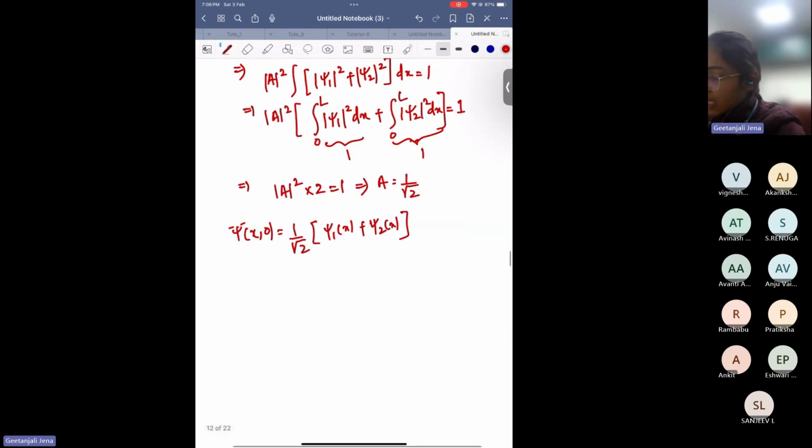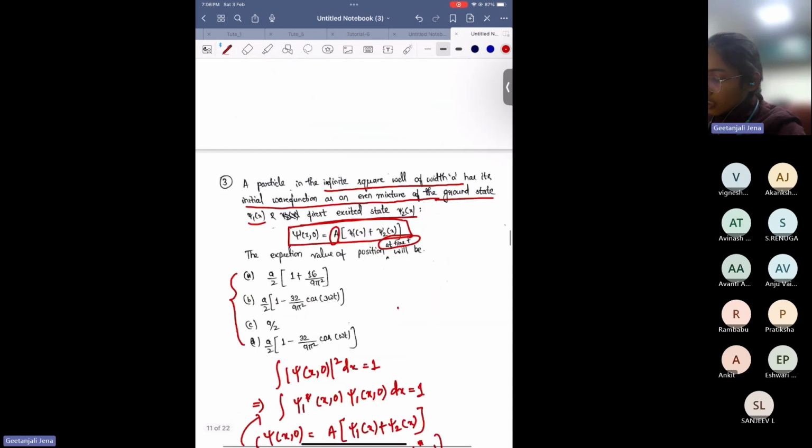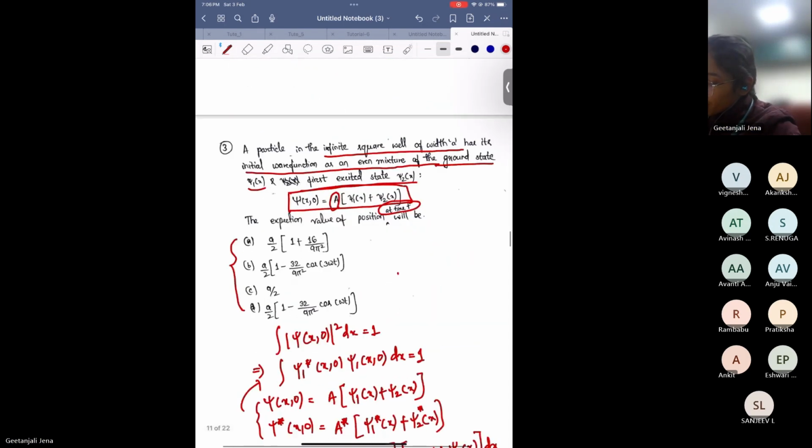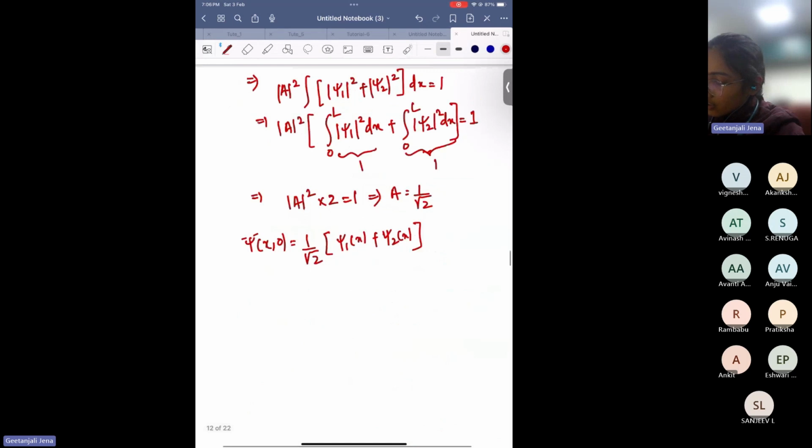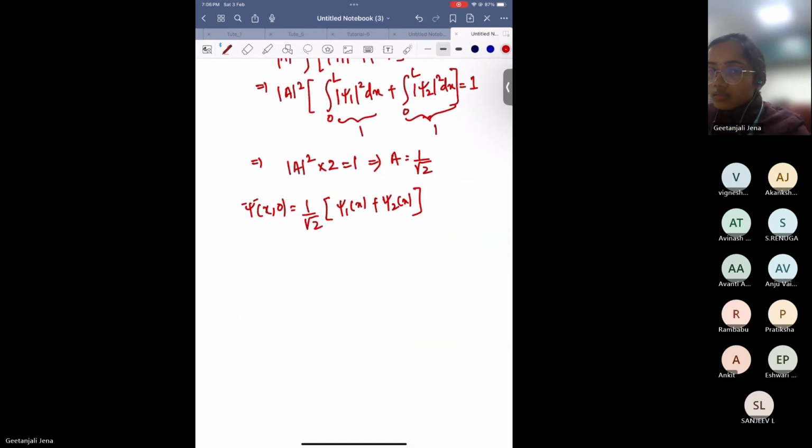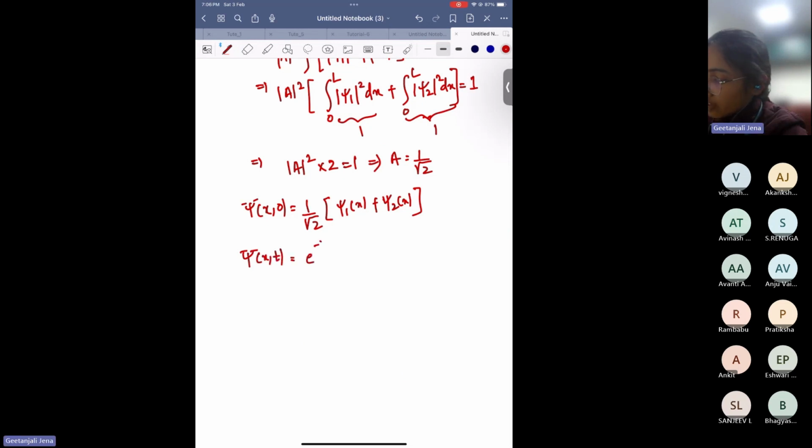Now to find the time evolution of this, we have to take psi of x,t equal to e to the power minus iHt by h cut acting on psi of x0.